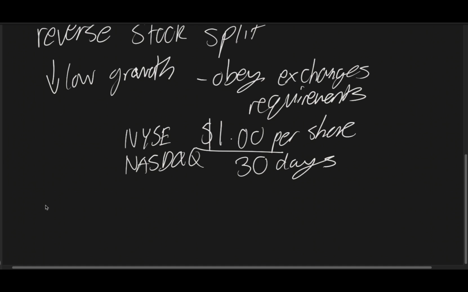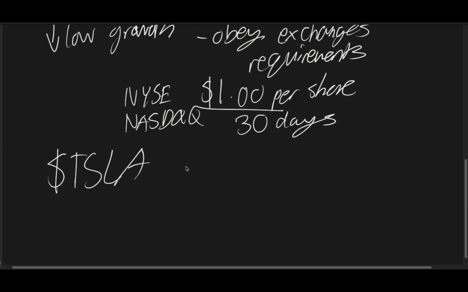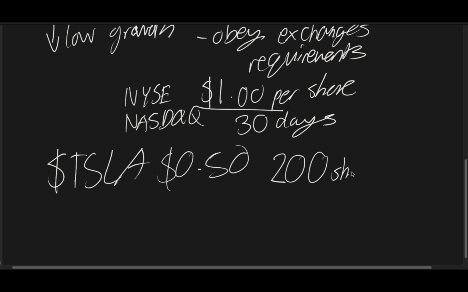Let's say there's a stock, let's say Tesla again. Let's say for whatever reason, it's trading at 50 cents, right? And for simplicity's sake, let's say there are 200 shares in this company.